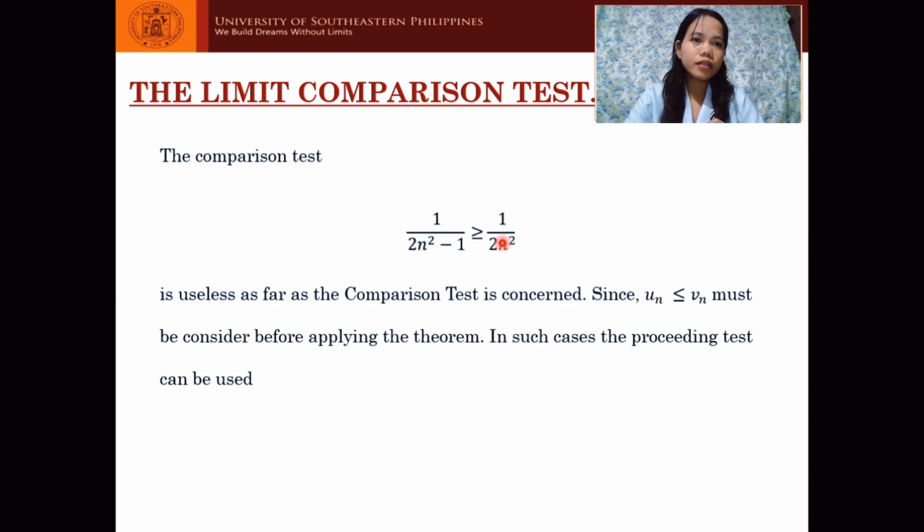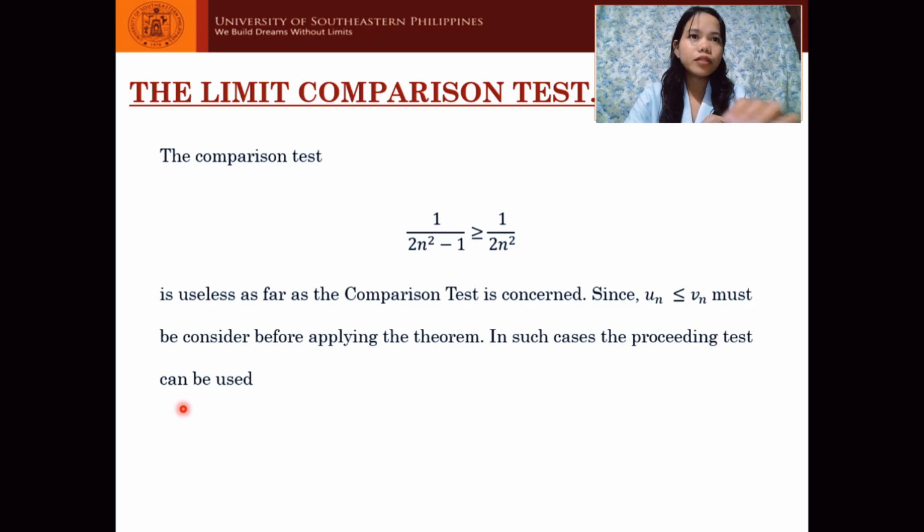That is useless as far as the comparison test is concerned, since u sub n must be less than or equal to v sub n before applying the theorem of the comparison test. In such cases, we can now use the limit comparison test.